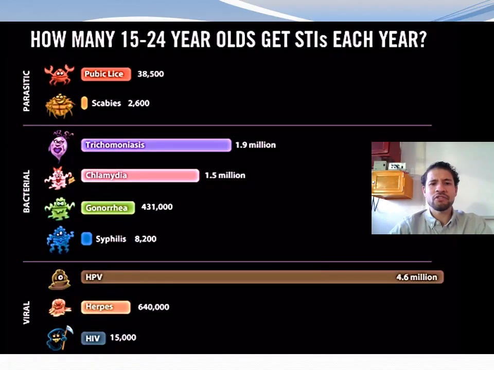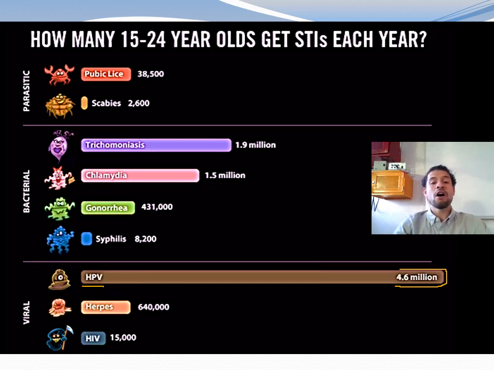Right here we have just a little graph that will be showing you some of the diseases and how many people are going to be infected each year. As you can see, the highest number is going to be here, 4.6 million people, and it's going to be because of HPV. We will be talking about the diseases later, but just keep that in mind.